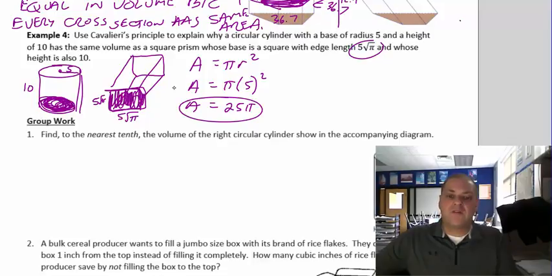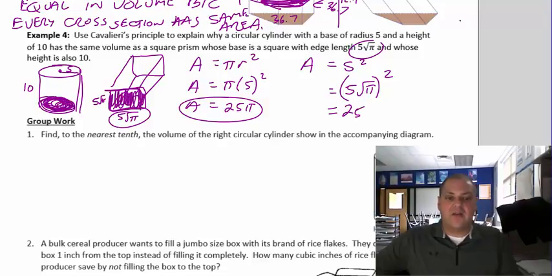Now do the area of this base. Area of a square is side squared. So that's 5 radical pi squared. 5 squared is 25, and when you square a radical, that cancels out, leaving just pi.